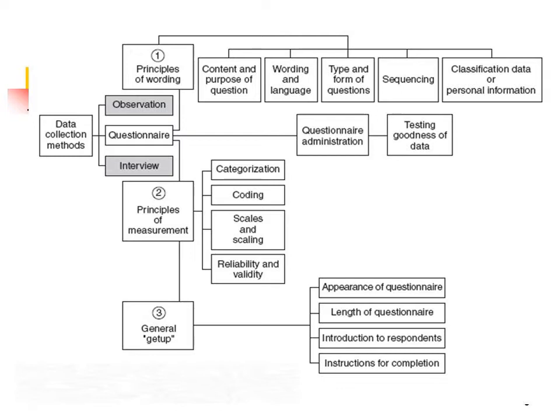It depends on the researcher's study which type of approach the researcher uses. All sources of data are important for the researcher, but it depends on the nature of the study. Here we cannot discuss this model of data collection methods in this lecture.